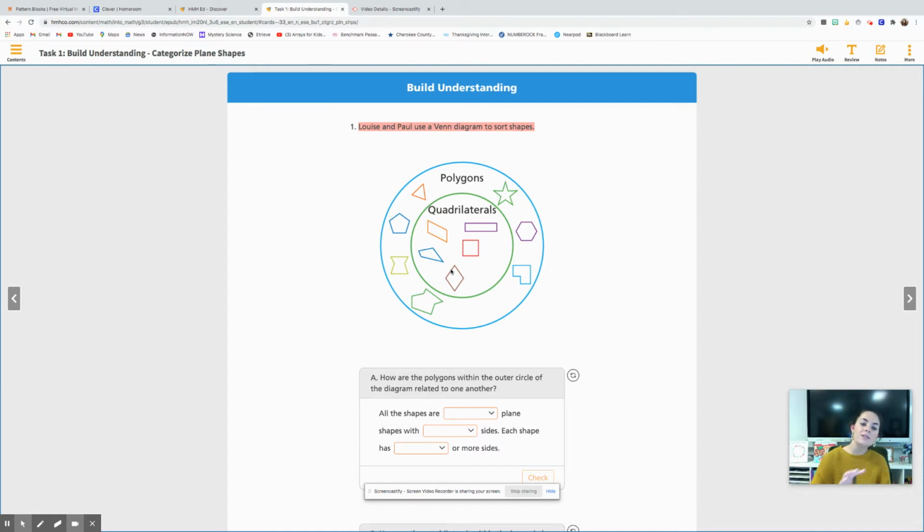On the outside of the circle in the blue section, you have shapes that are polygons, which just means they're closed shapes that have straight lines. So the polygons in the outer circle, they actually are related to the ones in the inner circle. So that's what we're going to talk about, okay?